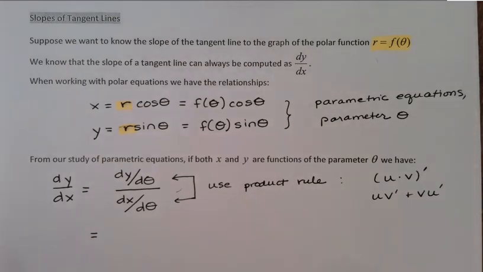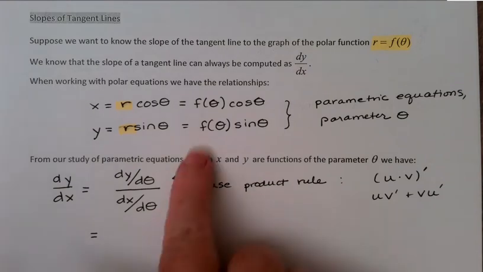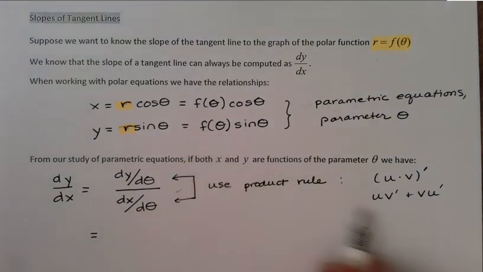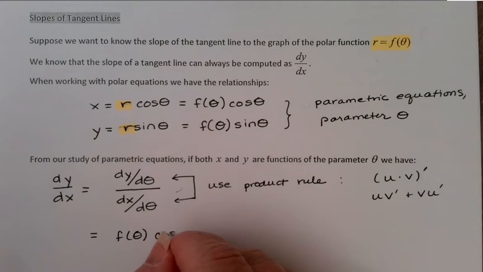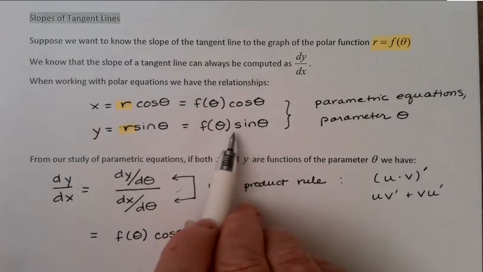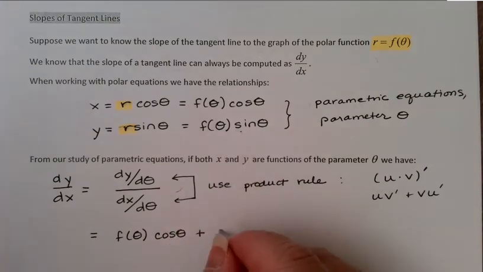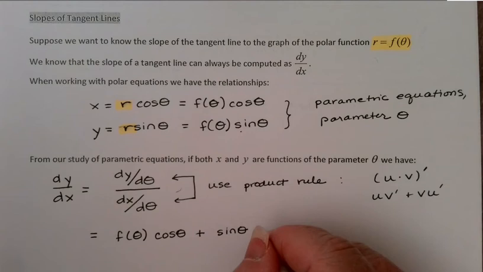So let's do that. dy d theta on top. I would have the first times the derivative of the second. So f of theta times the derivative of sine theta, cos theta, plus the second, sine theta, times the derivative of the first, f prime of theta.